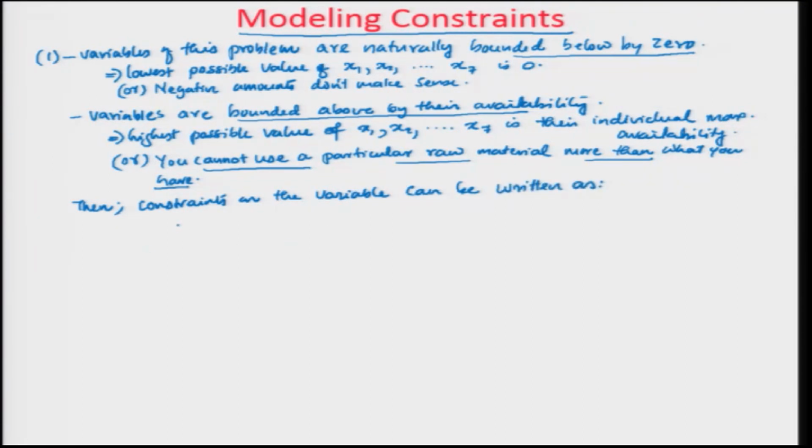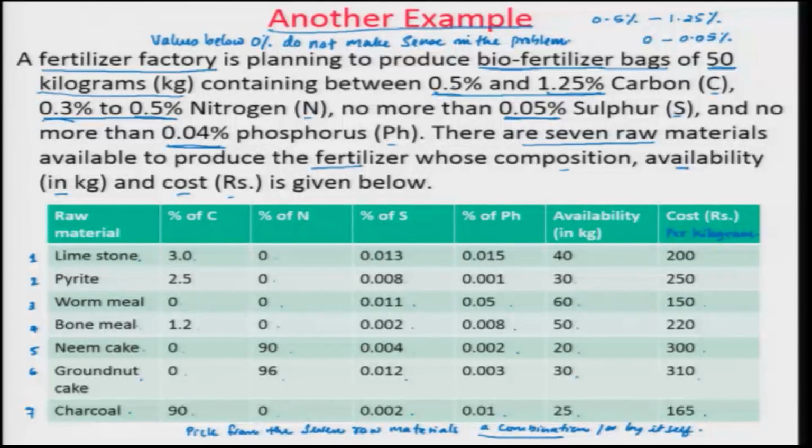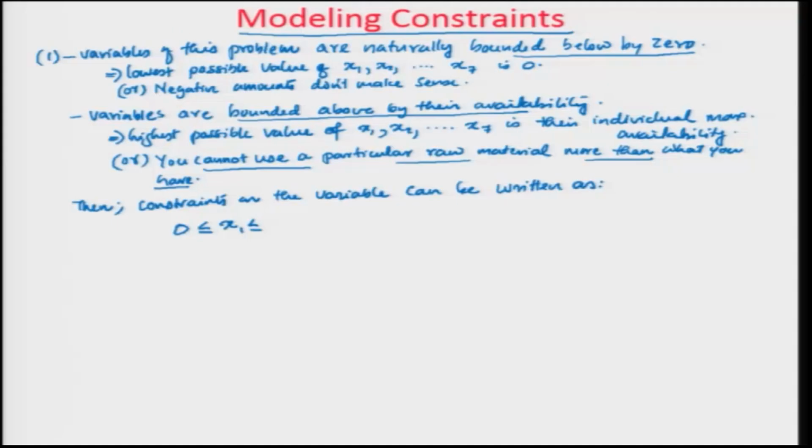For variable x1 it is 0 less than or equal to x1 less than or equal to the upper value. For that we go back to the table and we find that for 1 the upper limit is 40. So this is for the case of limestone.